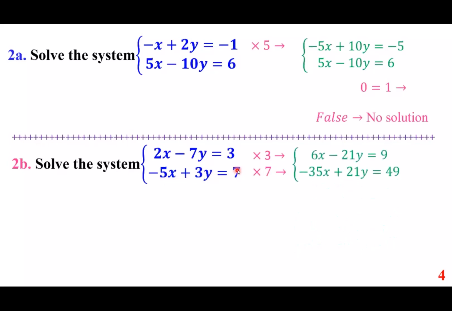And notice, now we can cancel these two if we add them up. So these two add up to negative 29x. These two add up to 58.